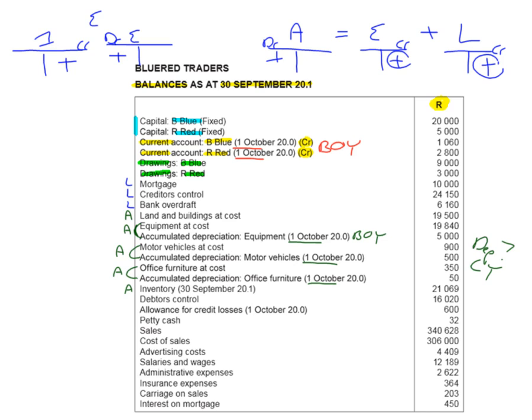Inventory, another asset, that is at the 30th of September. Debtors control less my allowance for credit losses, again beginning of the year, is an asset. Remember, debtors is made up of gross less my allowance for credit losses, which will give me my net debtor on the face of the statement of financial position.